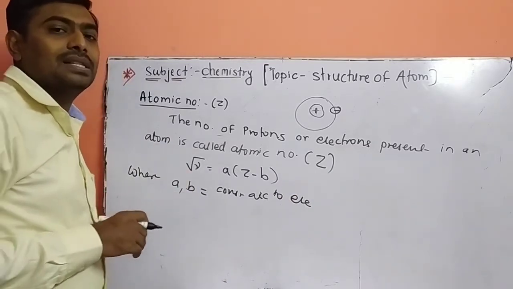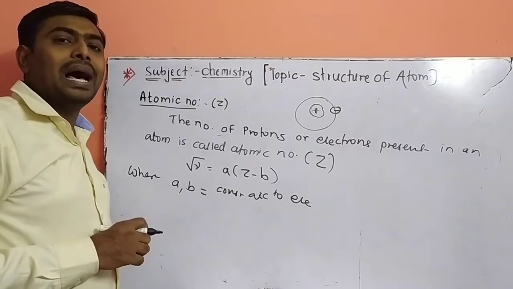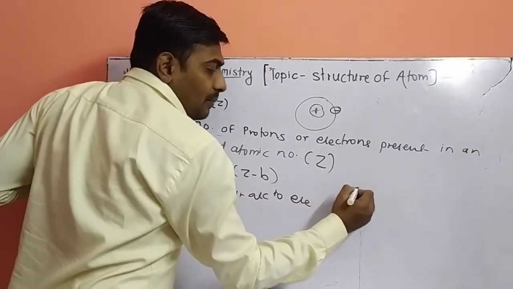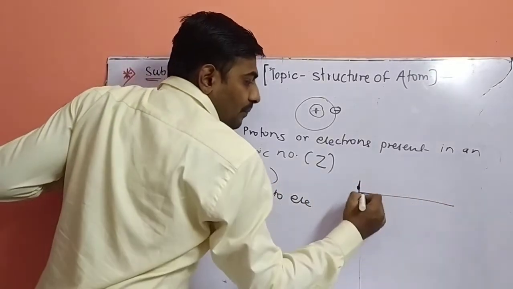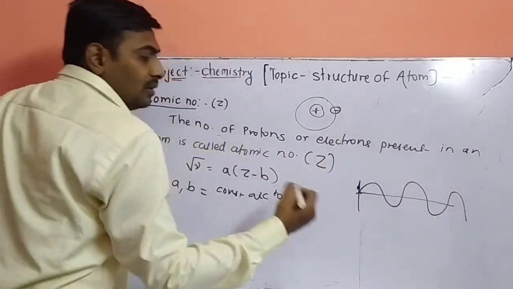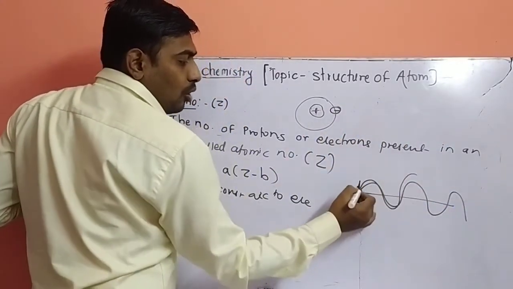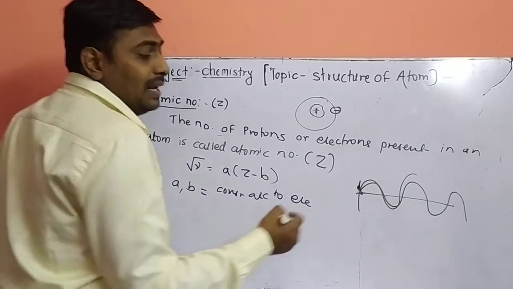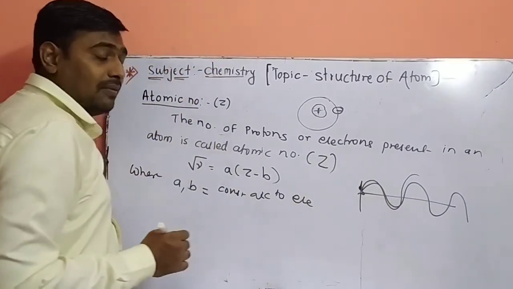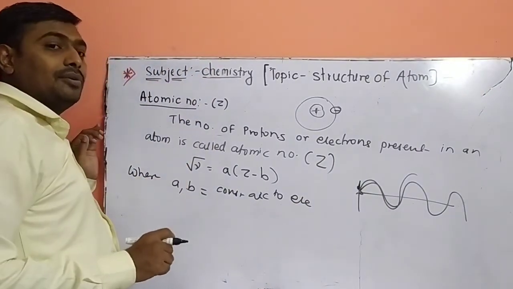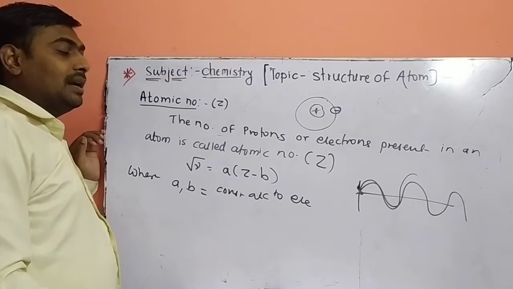What is meant by frequency? The number of waves passing a given point. If this is your wave, the number of waves passing a particular point in one second is called frequency. So frequency is equal to a(Z minus b).